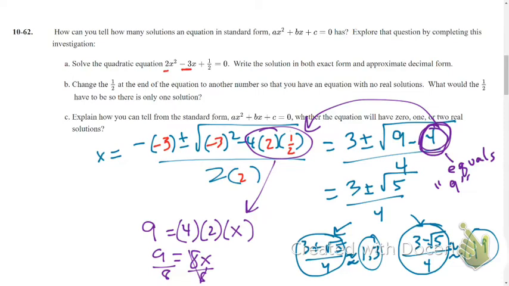Okay? And moving on to the last part here, it says, how can you tell from the standard form whether the equation will have 0, 1, or 2 real solutions?